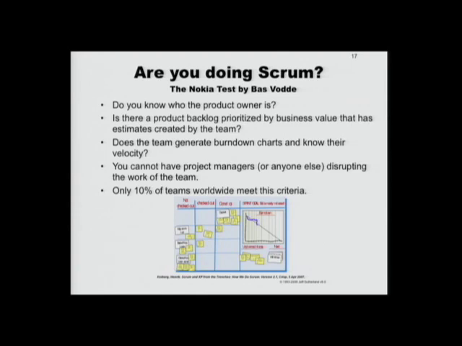The team needs to generate burn down charts in the sprint so that they know where they are on delivering. And they need to know their velocity. How many story points, or whatever the measure may be, can they deliver every sprint? And you can't have anybody disrupting the work of the team.